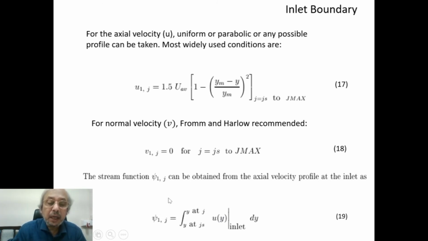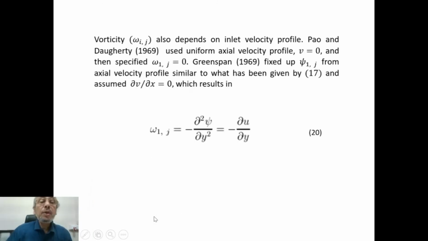This inflow plane is defined by ψ(1, j), I is fixed at 1, and different j values obtainable from this integration, j equal to js to any specified j. And this is given by equation 19.